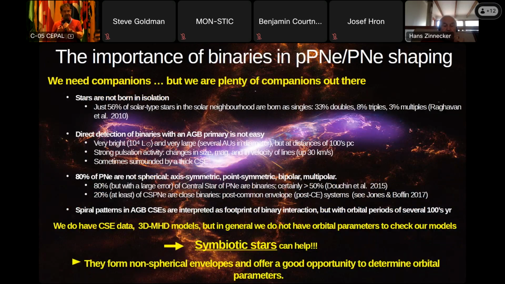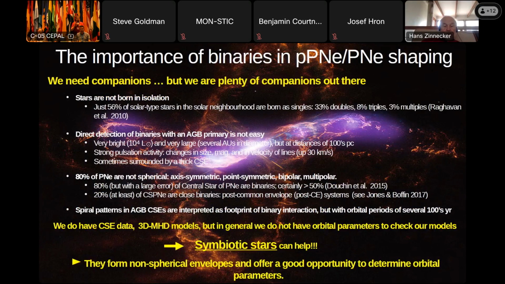So the problem is that we cannot really directly extract the components of a binary in the AGBs, and especially to model it correctly, we need the orbit of the two companions. It's where the symbiotic stars can help us.